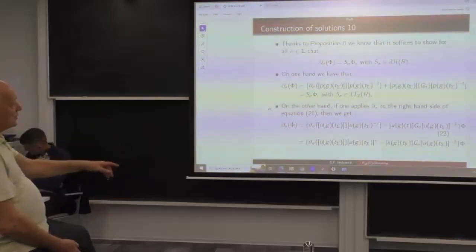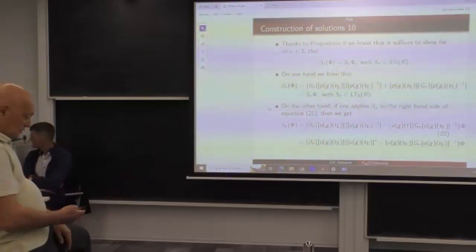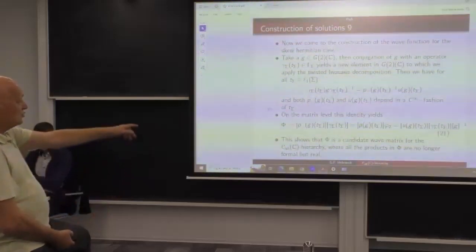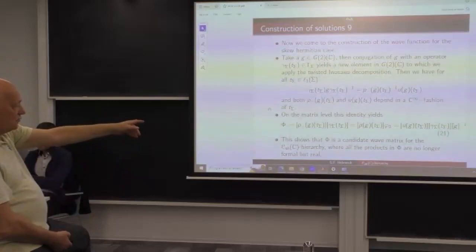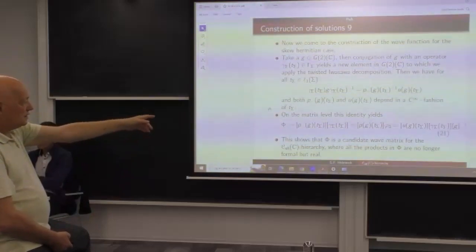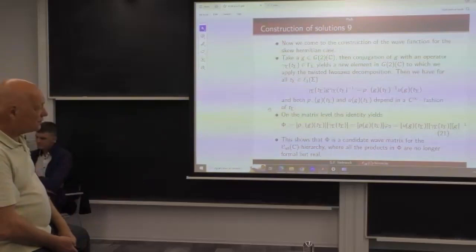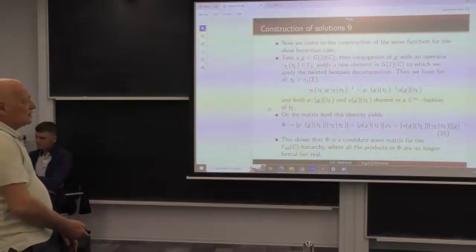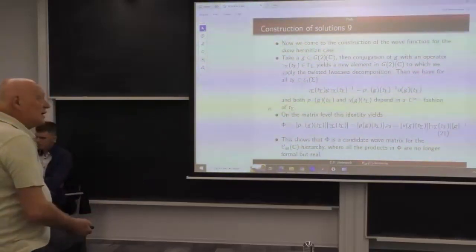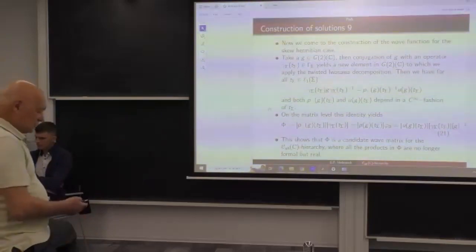Now, if you differentiate, here we have two expressions for phi. First, the one with P minus and phi 0, and there you have this UG and G and again phi 0.